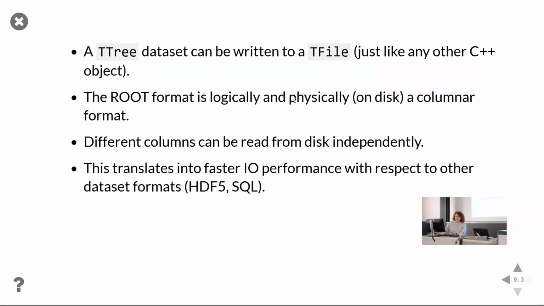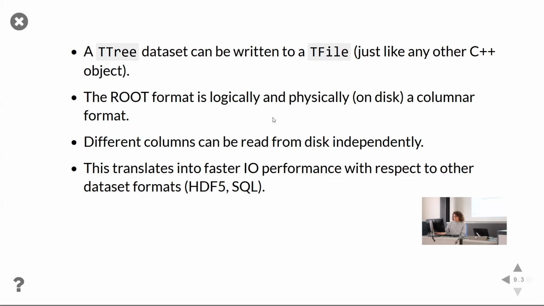And this data set, we call it TTree, that's the name of the class. We use it again, so it's a tree with the T in front of it. And it can be written to a TFile just as any other C++ object or ROOT object, as we just saw.